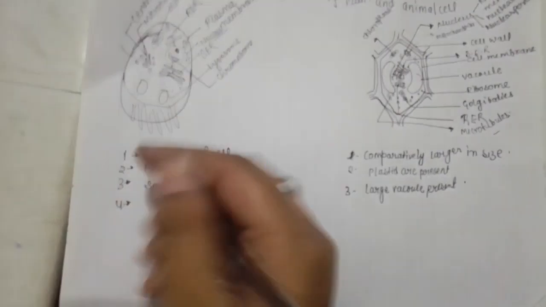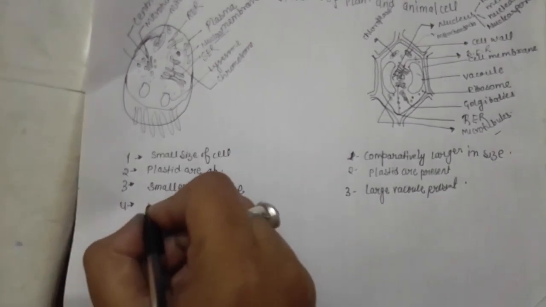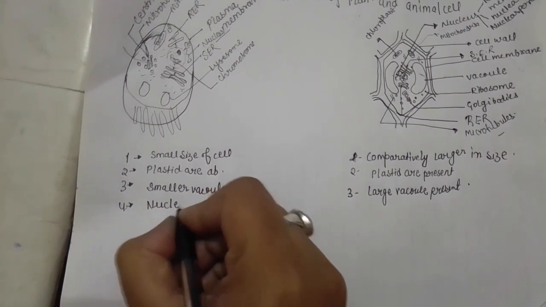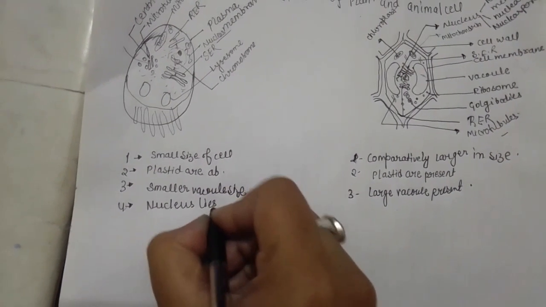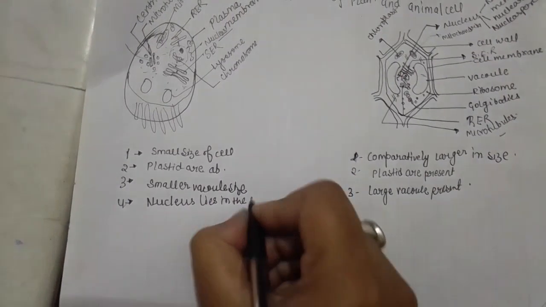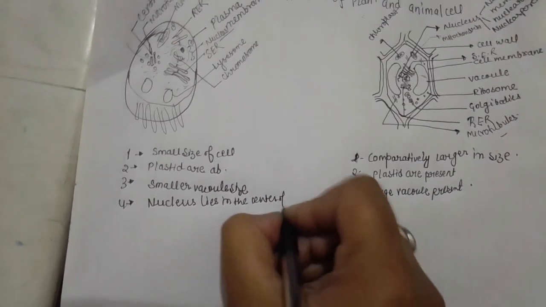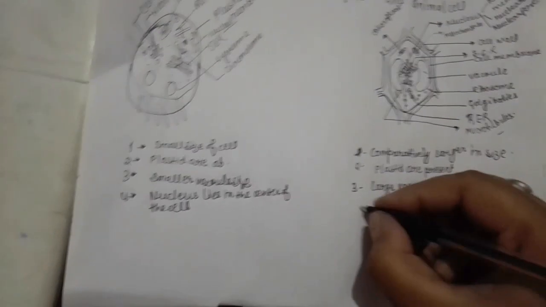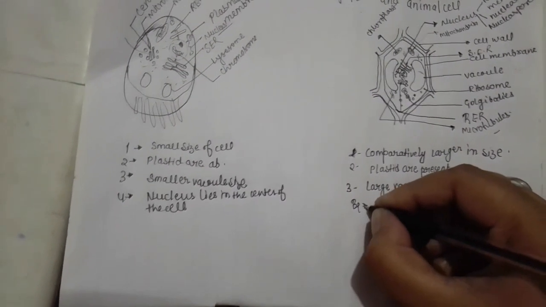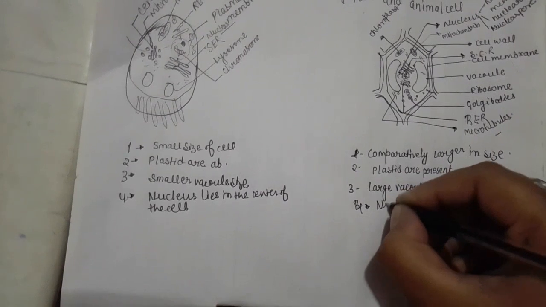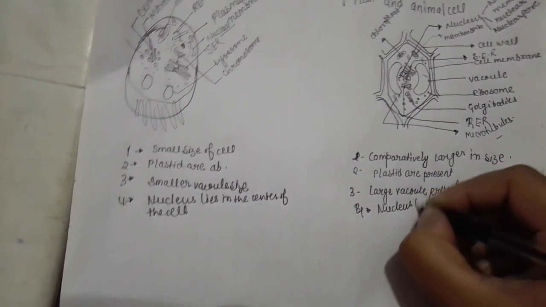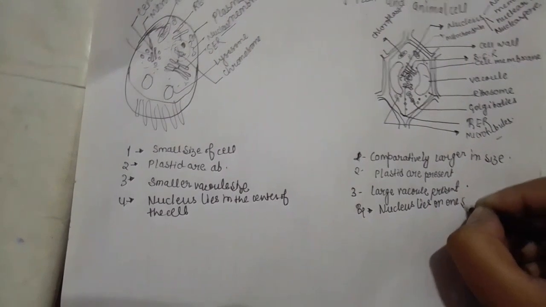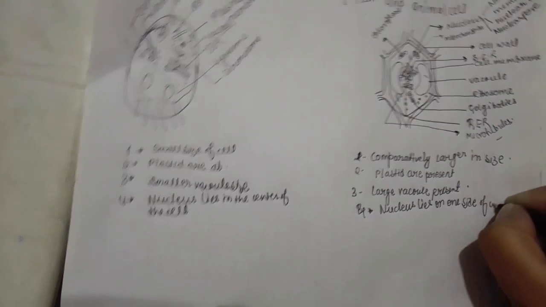So what you find in the animal cell, the nucleus lies in the center of the cell, whereas here, the fourth point, the nucleus lies on one side of the cell.